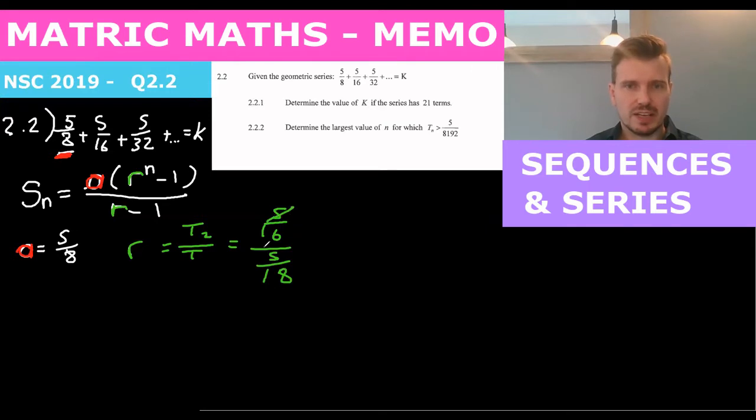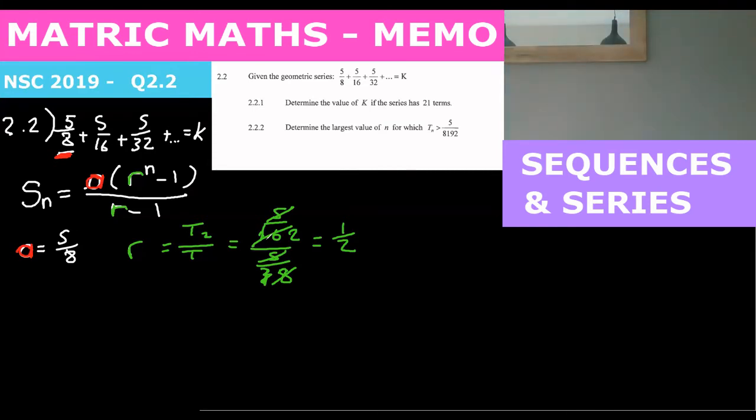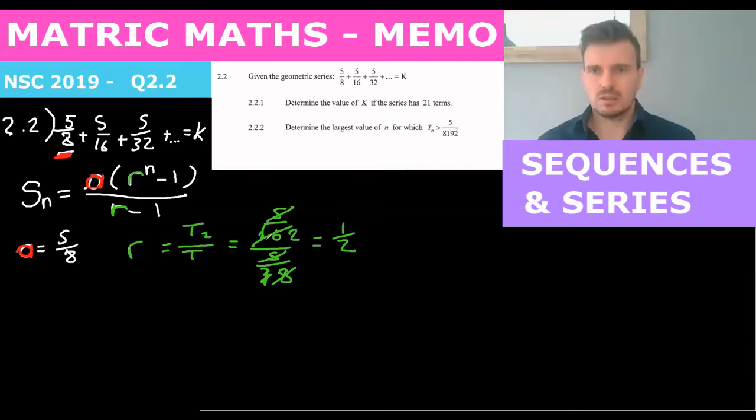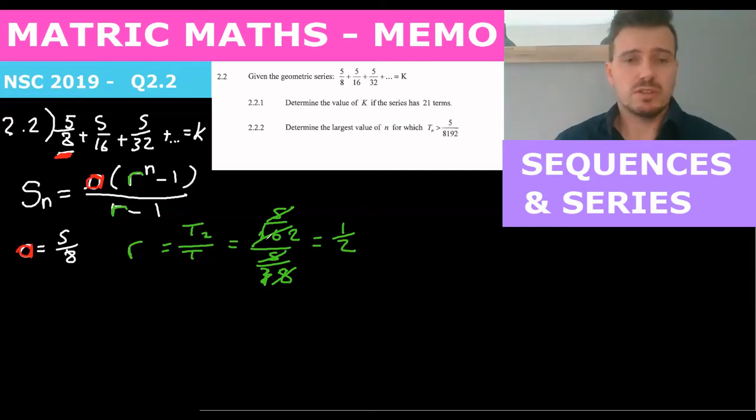So we see that the 5's cancel, and the 16 and the 8 cancel, so we have a 2 here. So we have a half over 1, which is a half. There are lots of ways of doing this. You could just put it in your calculator. So you've got r is equal to a half.